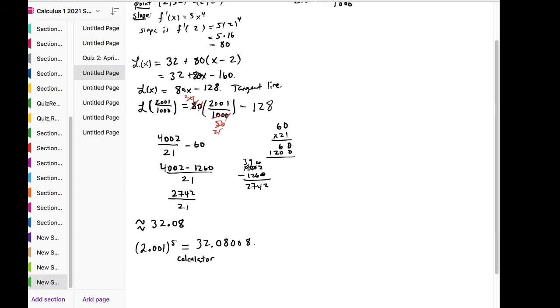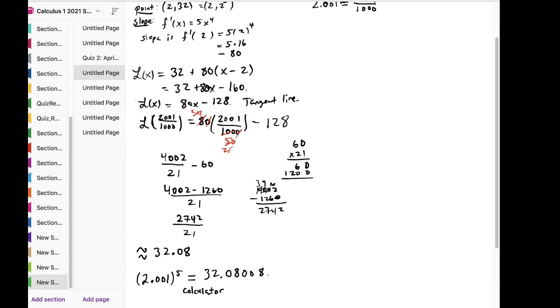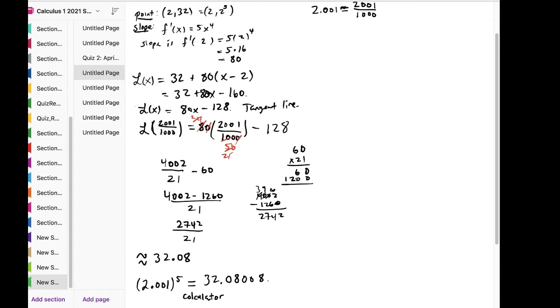That changes everything, doesn't it? Okay. Thank you. I was using the 60 from somewhere else. I'm still close though. That was surprising.